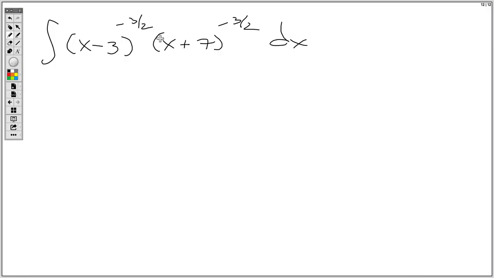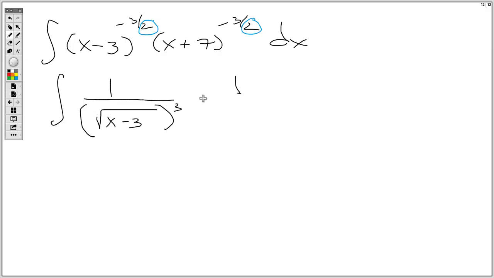So I'm going to move these to the denominator. And that 2 is really a hidden root. So really what I've got is 1 over the square root of x minus 3 cubed times 1 over the square root of x plus 7 cubed dx.